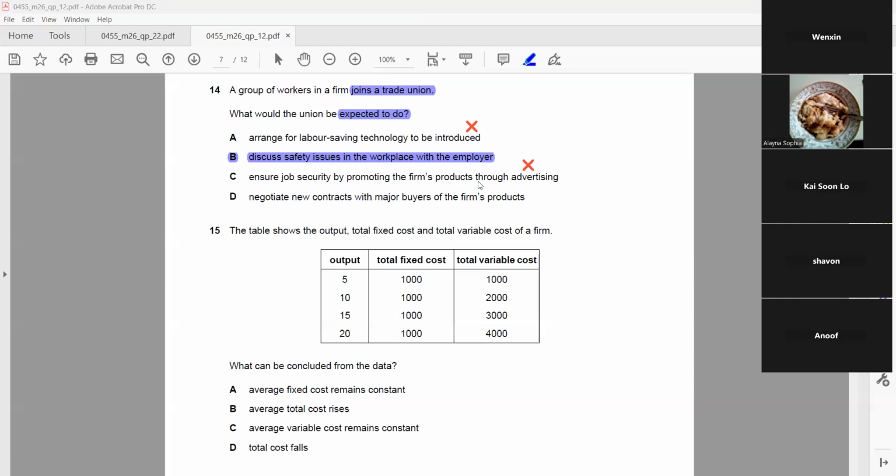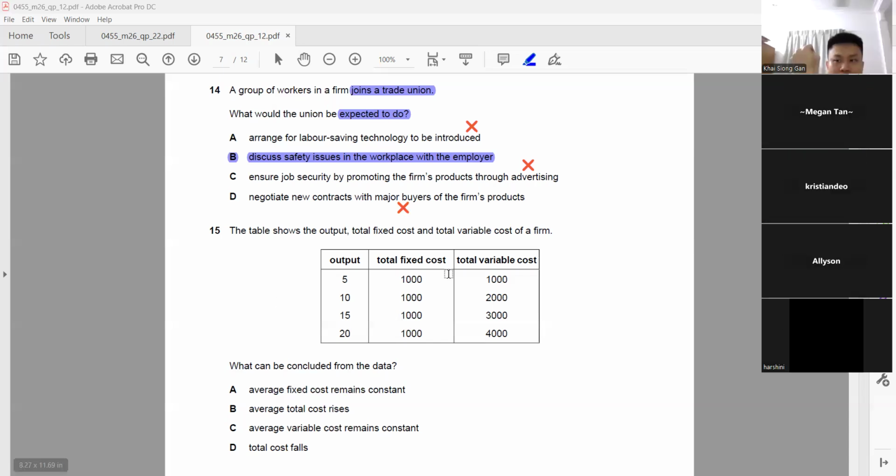I do not think they focus on this. They may ensure job security, but not through promoting the firm's products through advertising. Negotiate new contracts with major buyers of the firm's products. That's like doing sales already, so that is not what they are doing. They are focusing on the welfare of the workers.